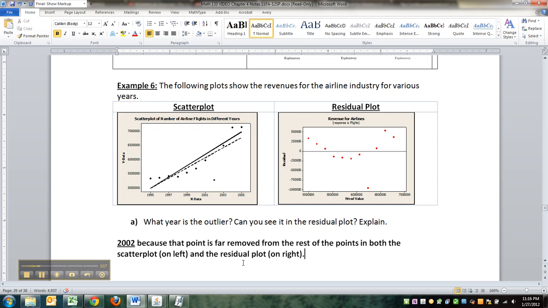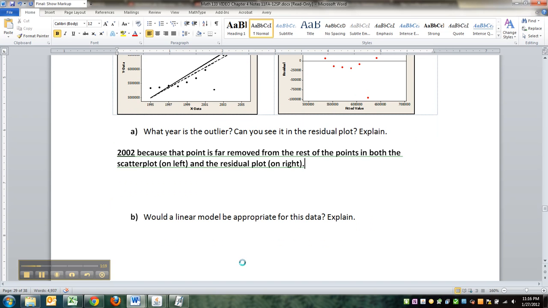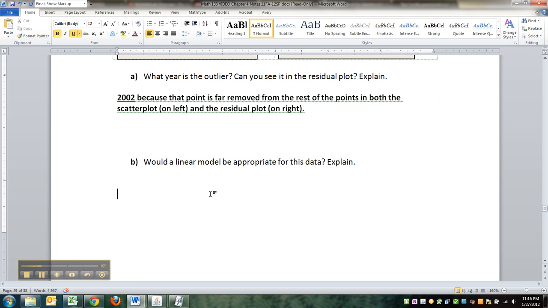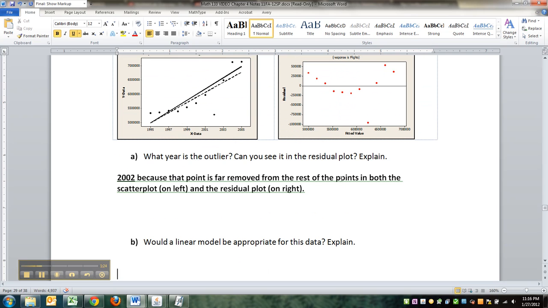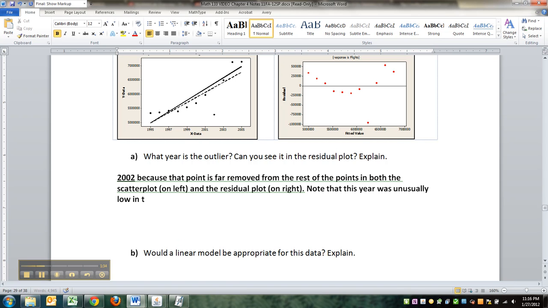Okay. Would a linear model for this data be appropriate? Heck no. I just thought of this. Note that this year was unusually low in terms of airline revenue, in great part due to 9/11.